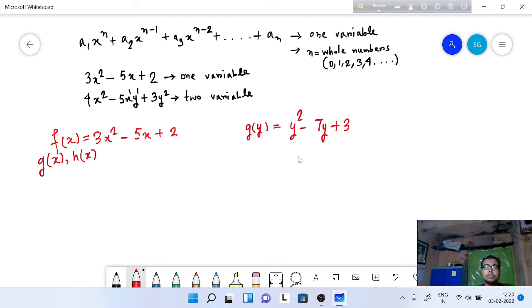Now see, this is a polynomial of two variables, so we can write g of x comma y. Understood the renaming portion? Okay, so next move to the next topic.